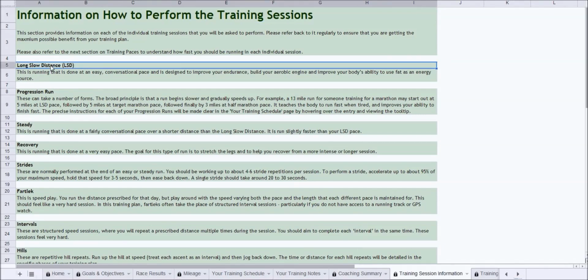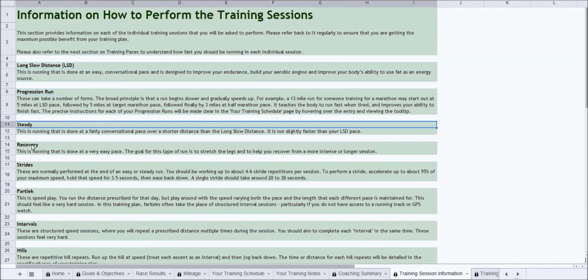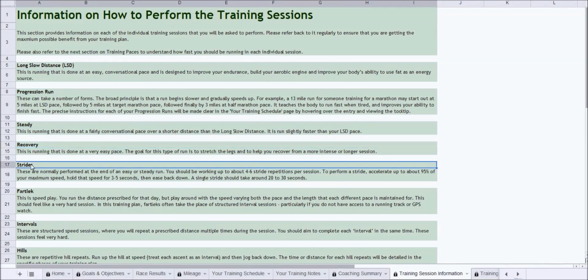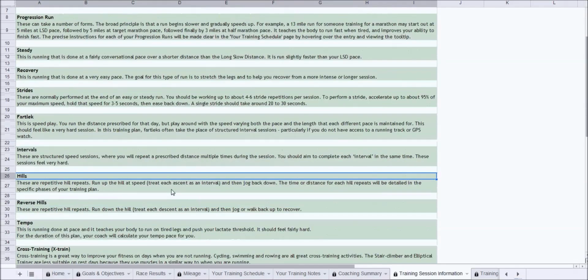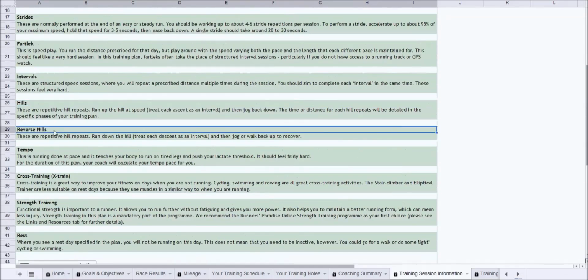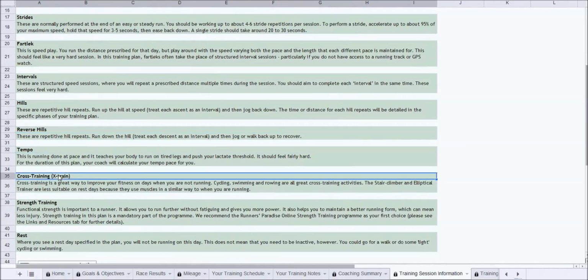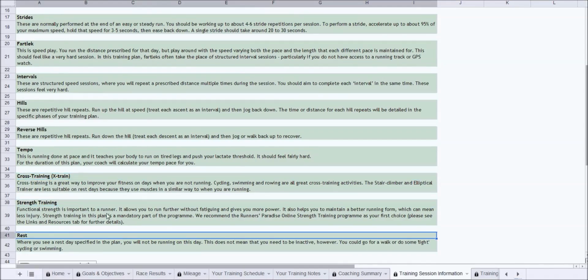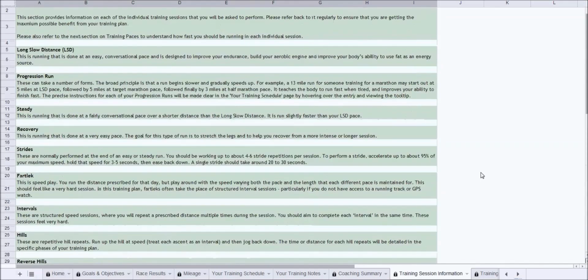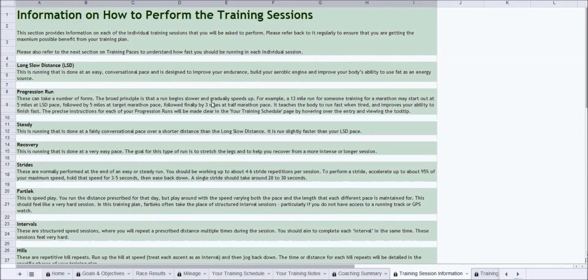So for instance, we've got the long slow distance run, progression runs, steady runs, recovery runs, strides, fartleks, intervals, hill training, reverse hills, which is just downhill, the tempo run, cross training, functional strength training, and rest. So those are the main activities that your coach is going to ask you to perform, and this gives you a brief outline of what each of those types of training session should look and feel like.